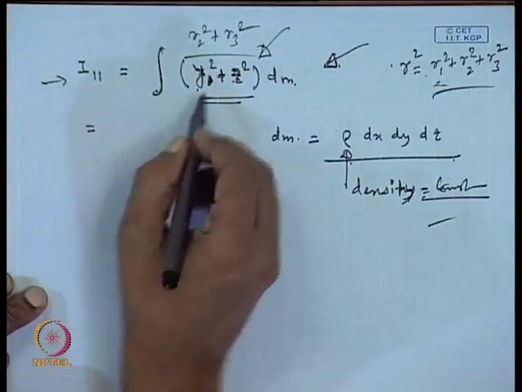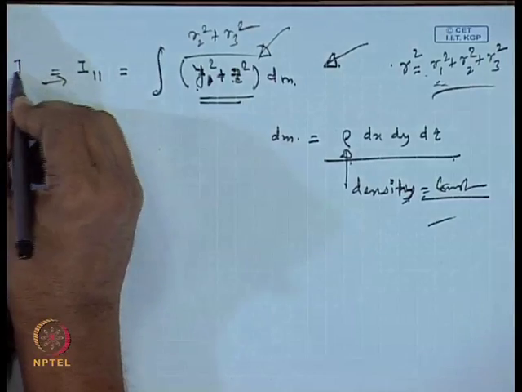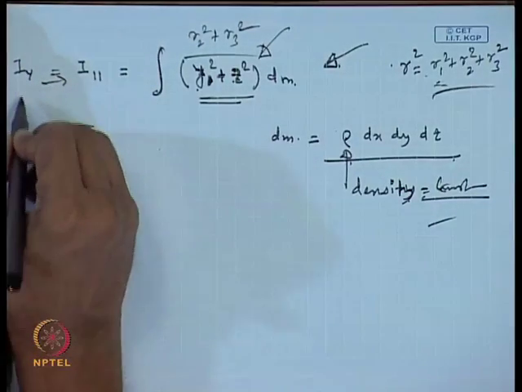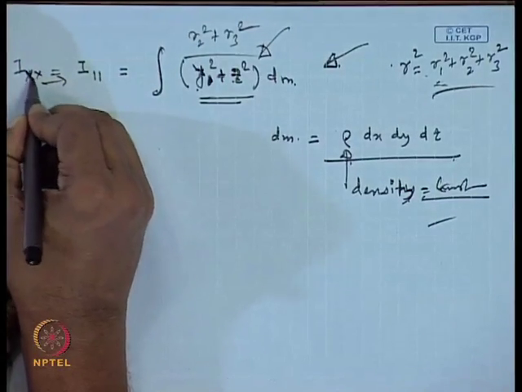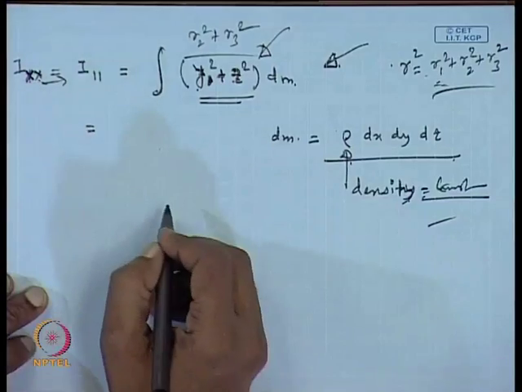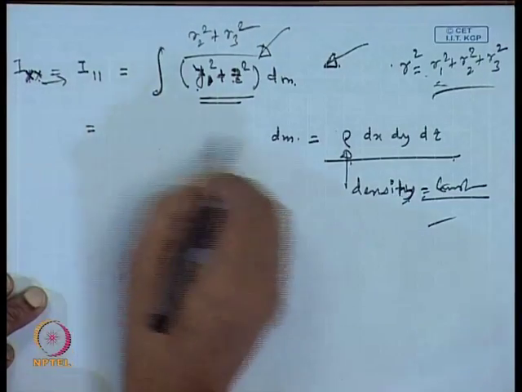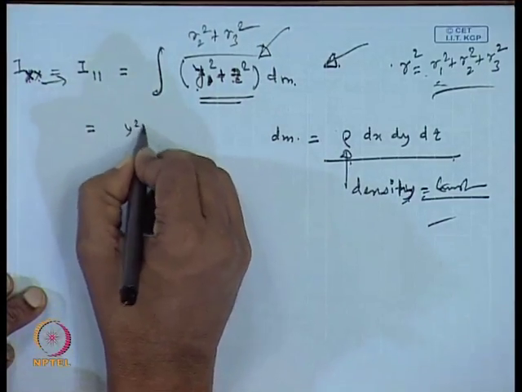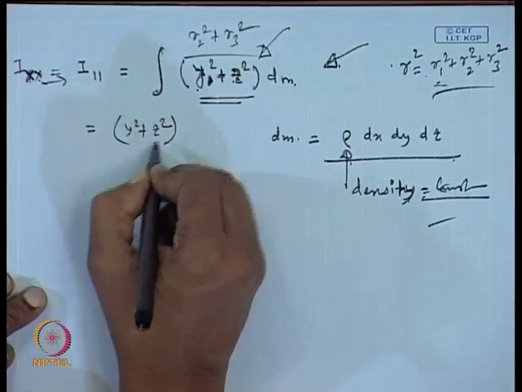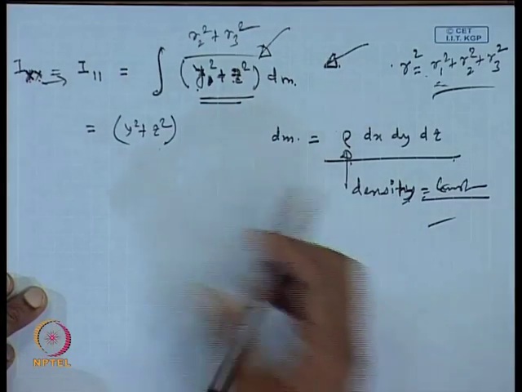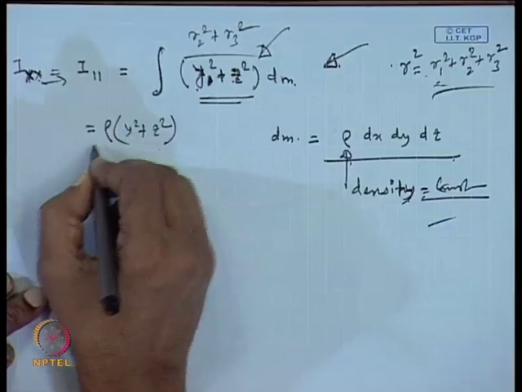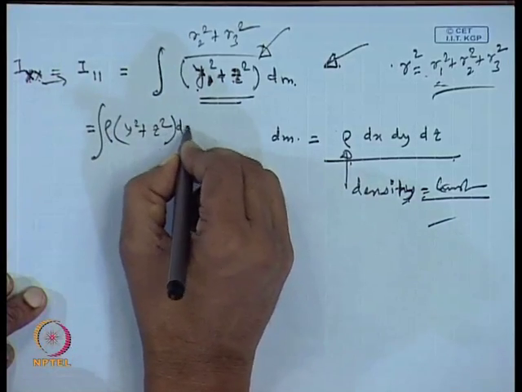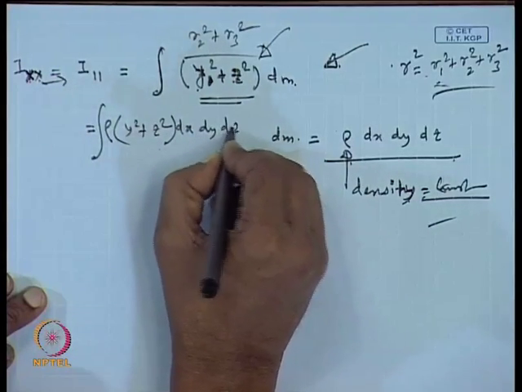Once we do this, you can also term this as I x x. So, inserting this, y square plus z square, rho will come here and dx, dy, dz.